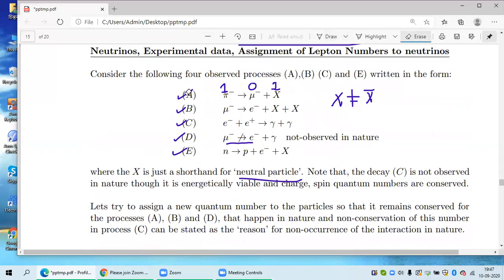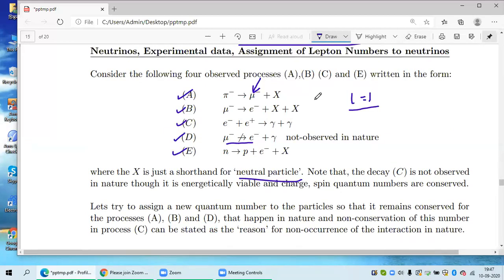Clear? Now tell me, is there any problem if I choose L equal to 1 for this mu, and demand that L is conserved in all reactions? I will test whether L is conserved in all reactions.